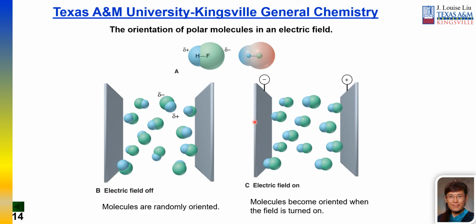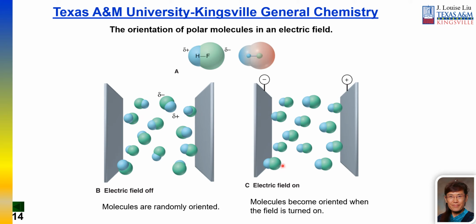For example, if I have HF, hydrogen fluoride is a polar molecule. Your hydrogen is more positively partially charged. Your fluorine, which is more electronegative, will be negatively partially charged. If you apply an electrical field, if it's off, these molecules stay randomly distributed.